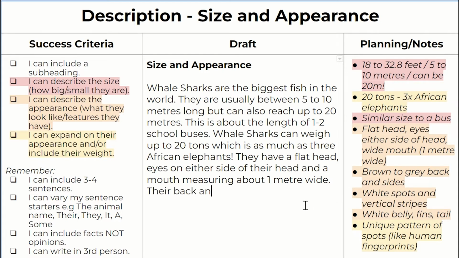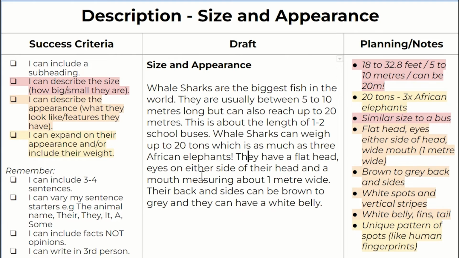Their back and sides can be, so not always, brown to grey, and they can have a white belly. So I just started from top to bottom: their head, their eyes, their mouth, their back, their sides, and their belly.